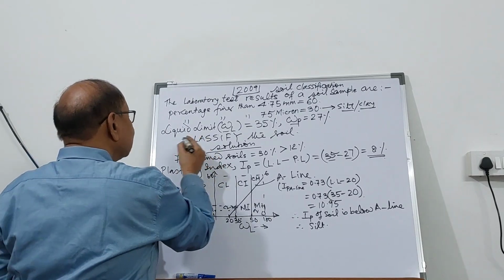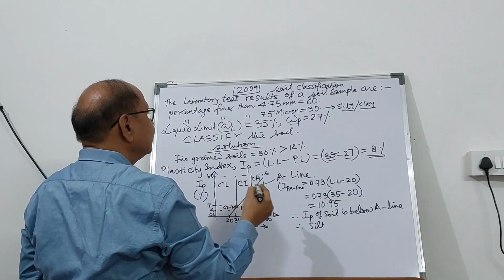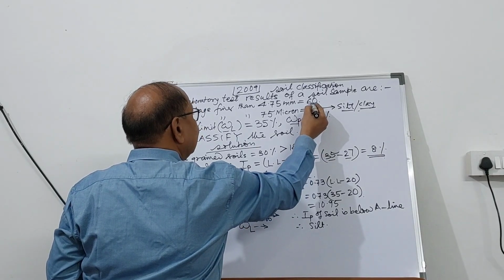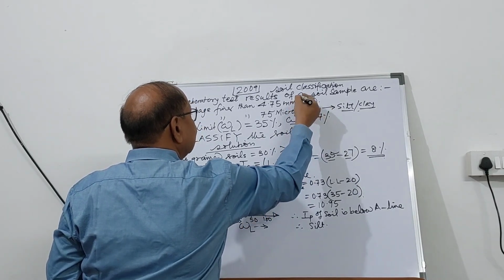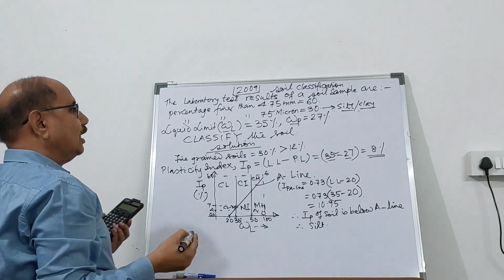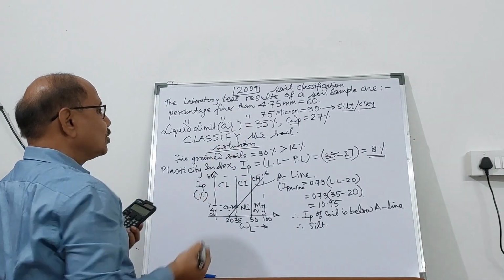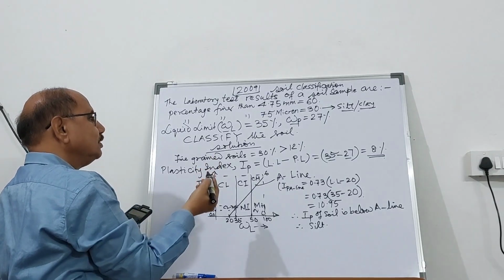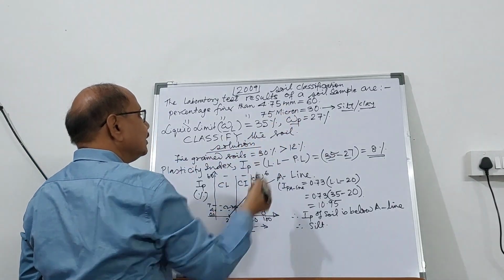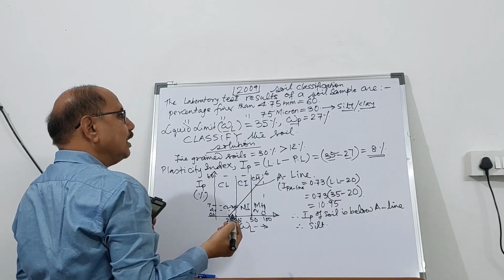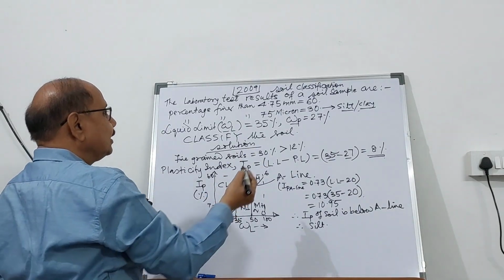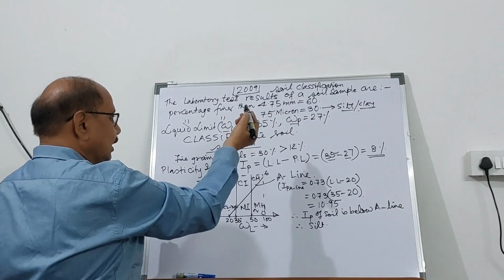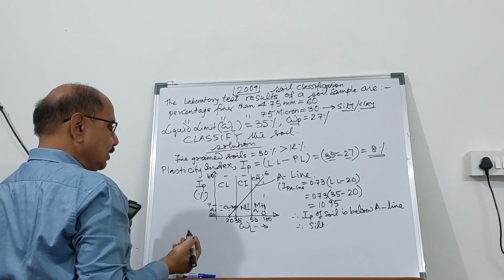So from this liquid limit and plastic limit, it is silt, and now it is only 30% fines, and the percentage of coarse grained soil is going to be substantial here. Remaining is going to be coarse grained soil, and therefore the percentage of sand is going to be quite considerable, 60%.